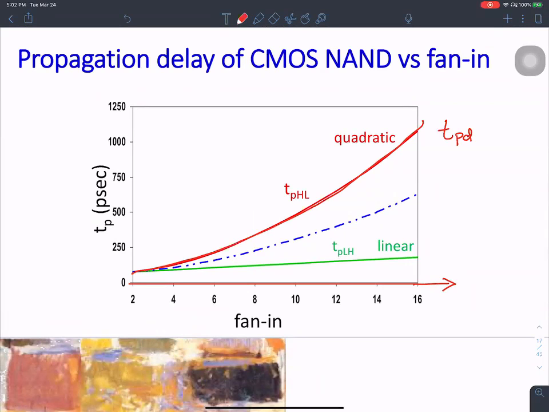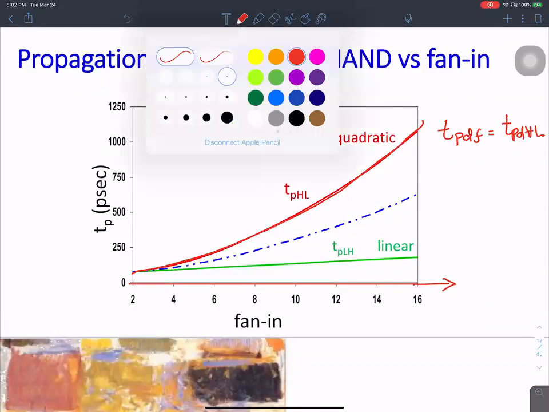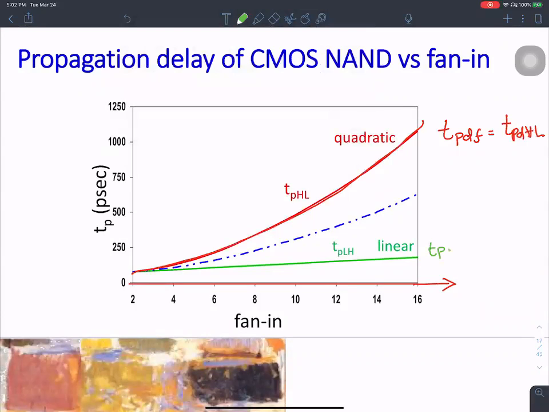TPD falling, that is TPD high to low, increases quadratically, and TPD rising, which is the same as TPD low to high, increases linearly for a NAND gate.